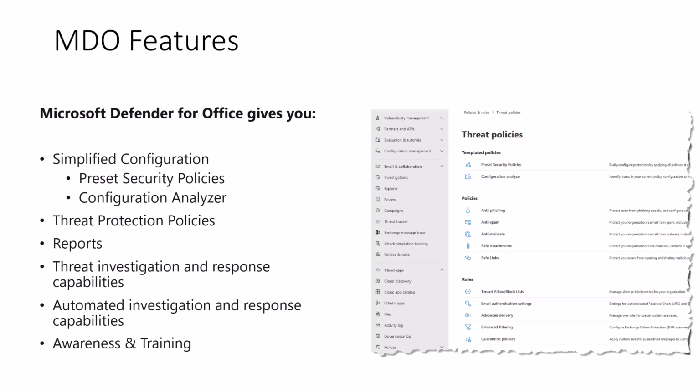So it's a good way of getting started with Defender for Office, but it's actually also a good way to review your existing Defender for Office configuration. So with these preset security policies, we can choose some different levels on how much we want to protect our whole organization, or maybe just a subset of users within our organization.